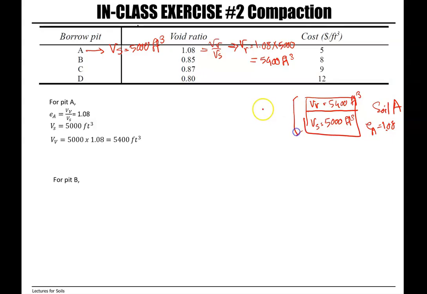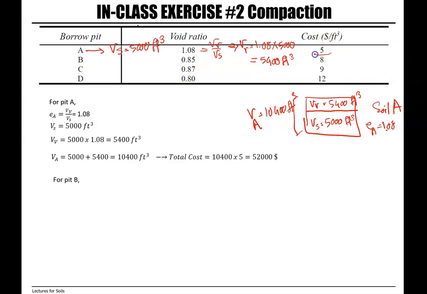So our total volume is 5,400 plus 5,000, which is 10,400 cubic feet. So that's how much material we need to bring from pit A to make sure that there is 5,000 cubic feet of solids to be able to do the 8,500 cubic feet for the embankment fill.